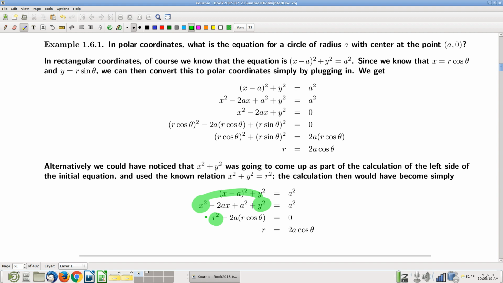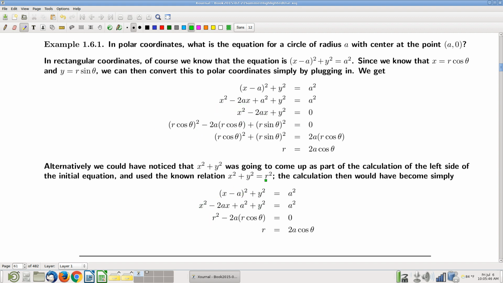And that would have saved me having to multiply out the Pythagorean identity here. It's no big deal. It gets you to the same place. But it's a little quicker and slicker, heads up: if you see an x squared plus y squared about to show up, maybe group those together and rewrite as r squared first before you start plugging in the trig.